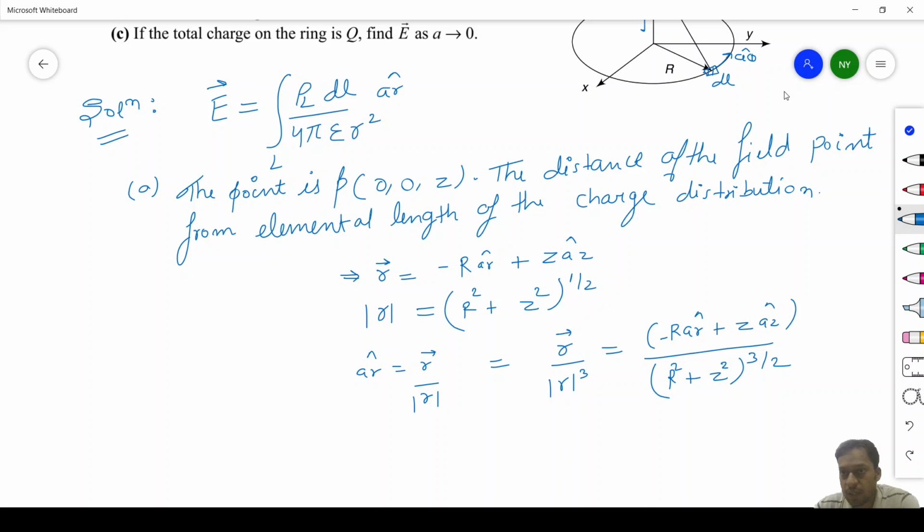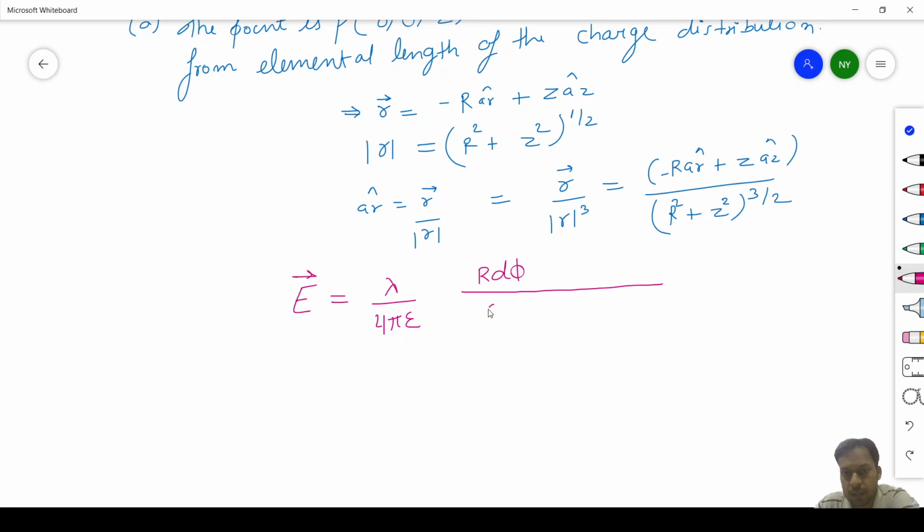And for this we have r square plus z square power 3 by 2, and this is minus r ar, plus z az.